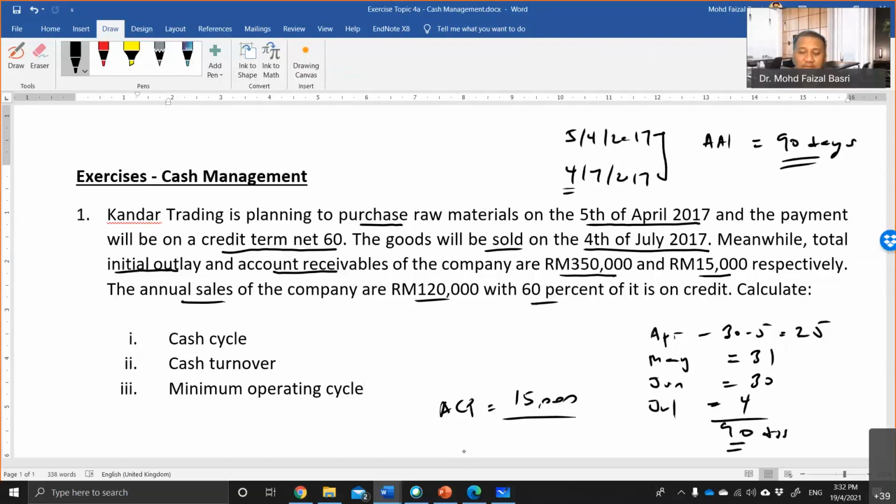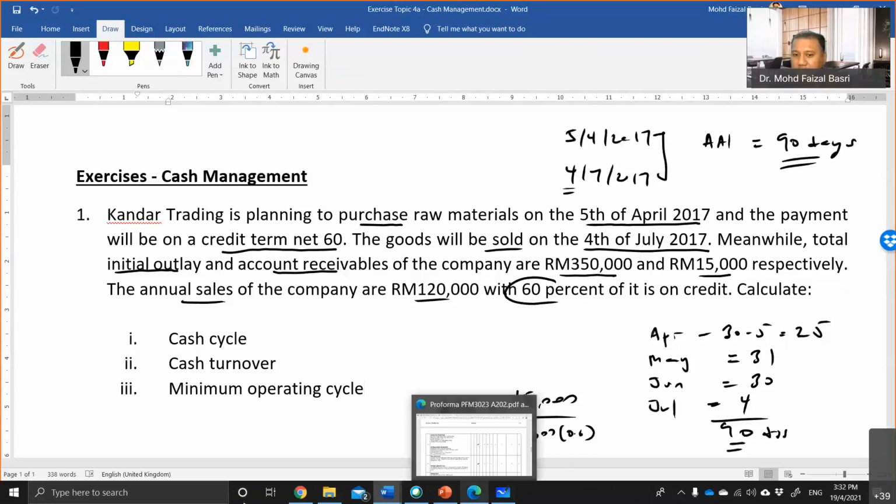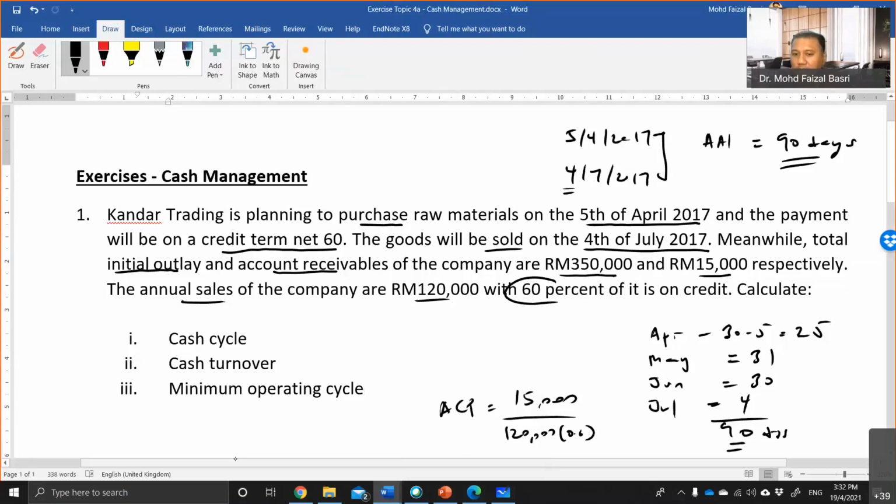So receivable is 15,000. And now we need to find the credit portion of the sales. We know the total value of sales is 120,000. Okay, but 60% will be on credit. So we need to multiply with 60%. Okay, and we multiply this by 360.